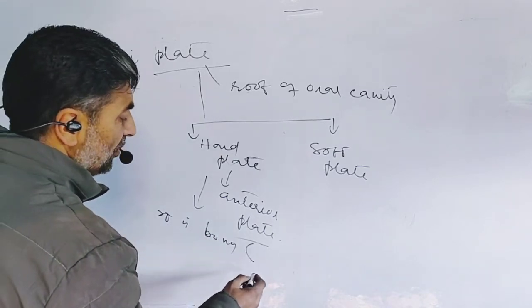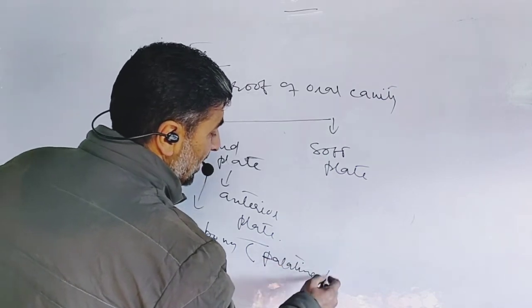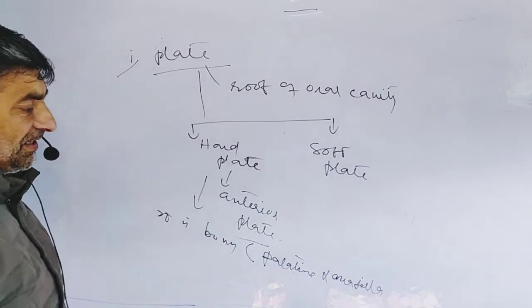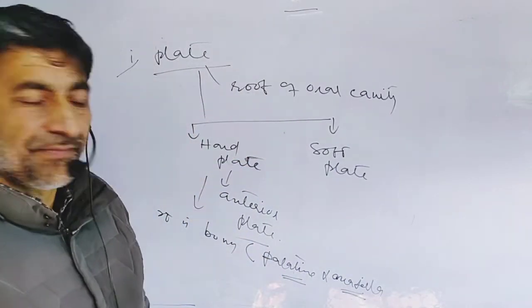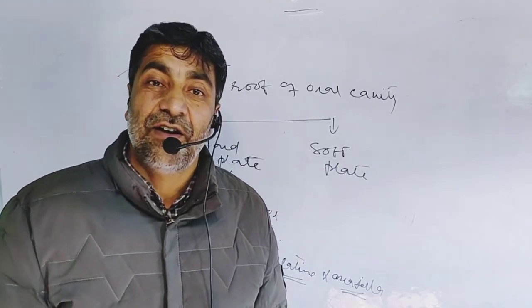It contains two types of bones, palatine and maxilla. NEET students, remember: palatine and maxilla are the two important bones present in the hard palate. That is why it is called the hard palate.